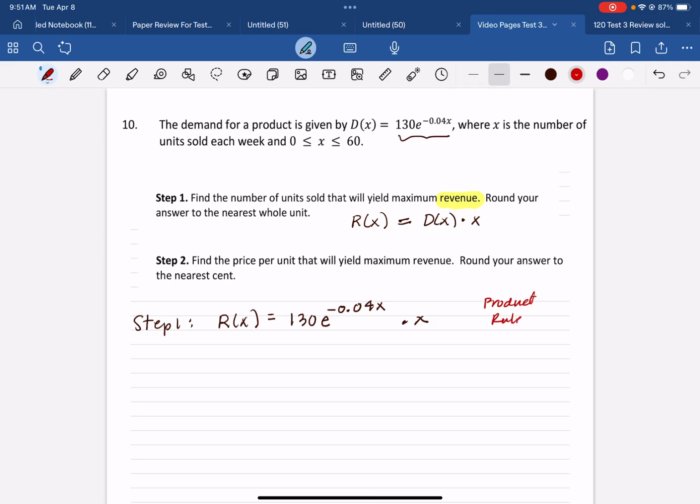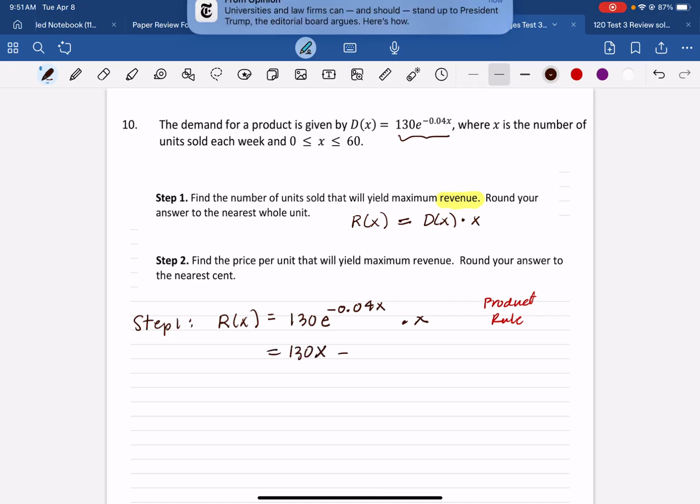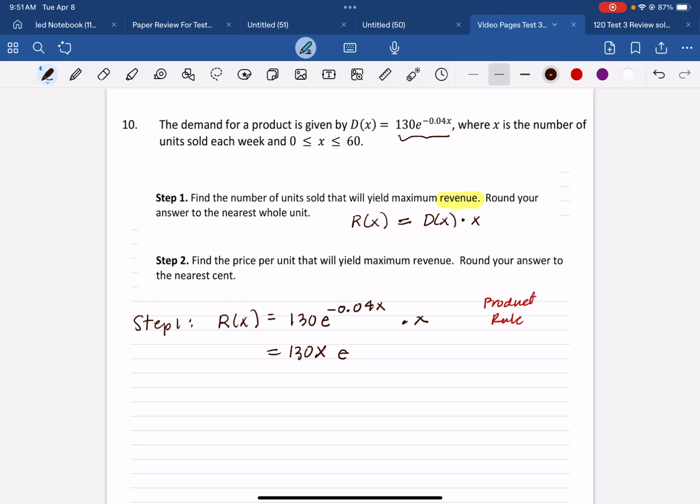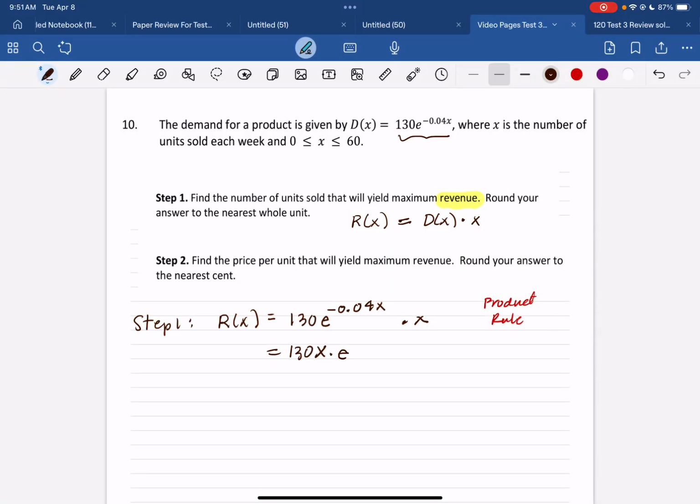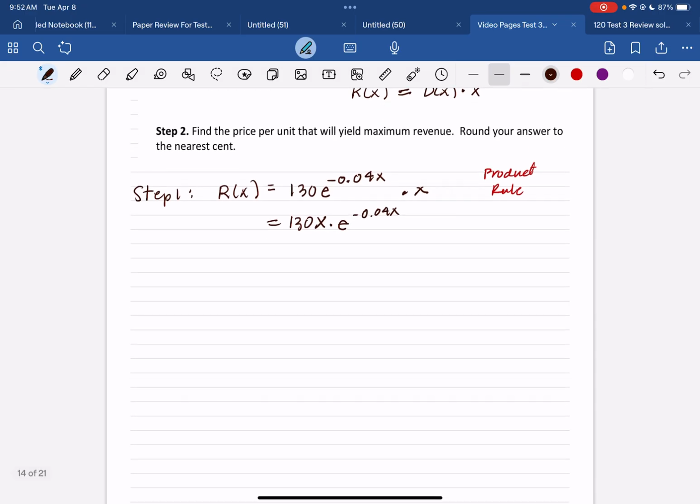Okay, and you've got two functions in x. I think I'll move my x up to the front and take it with the 130. So that's going to be my first function, and my second function is going to be the e function. So even though it's a product rule, it should be pretty easy. My first function is 130x.